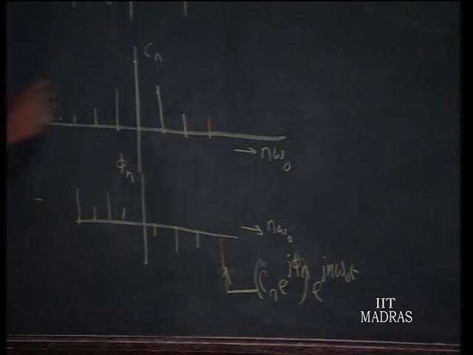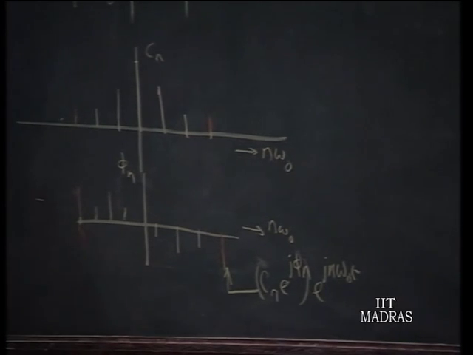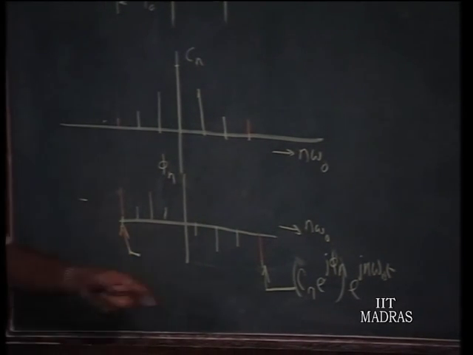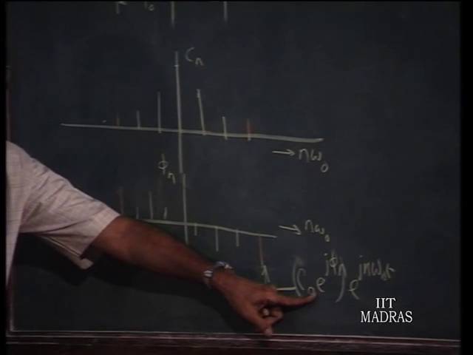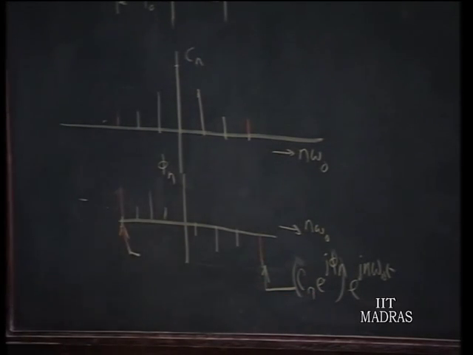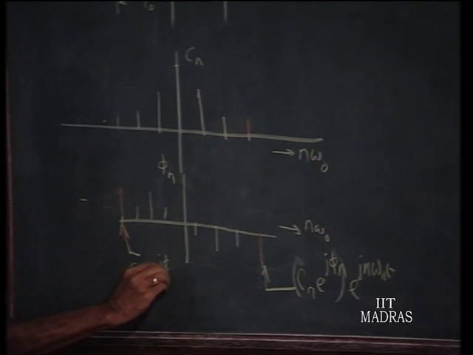Likewise, for the negative value of n, these two terms together will give me the conjugate of this, because C n and C minus n are related by the conjugate relationship. So, this will become C n, same magnitude, e to the power of minus j phi n, e to the power of minus j n omega naught t.